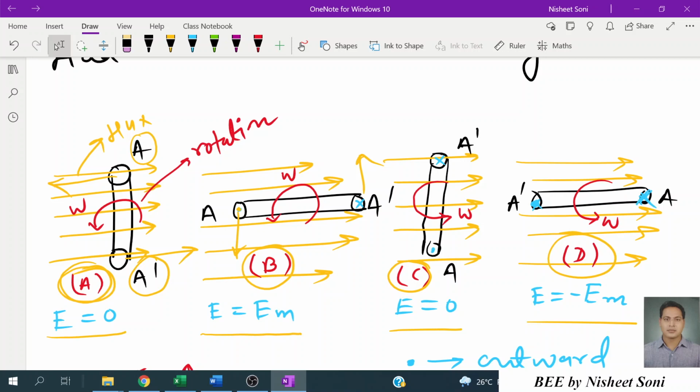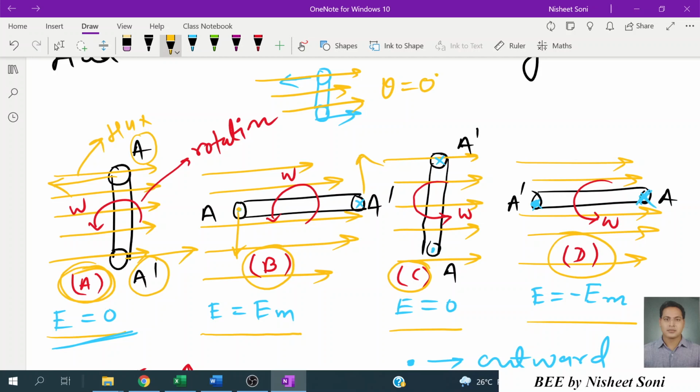In this condition, the rotation of coil sides is parallel to magnetic lines of force or flux. So the EMF induced will be 0. Why? Because the rotation of the coil side is parallel to the flux, so the angle theta equals 0.